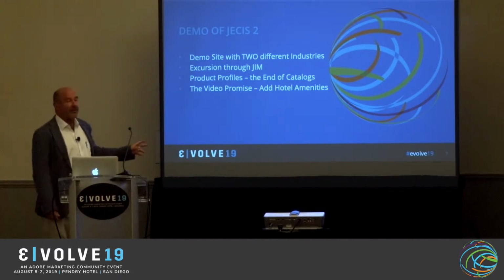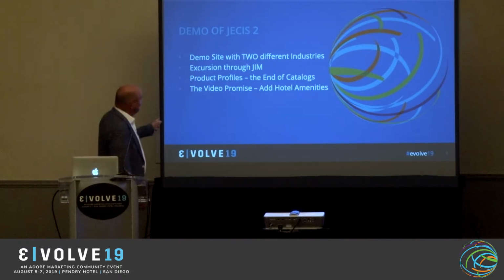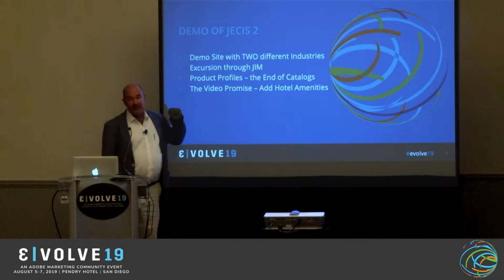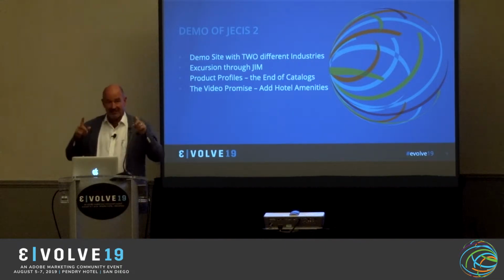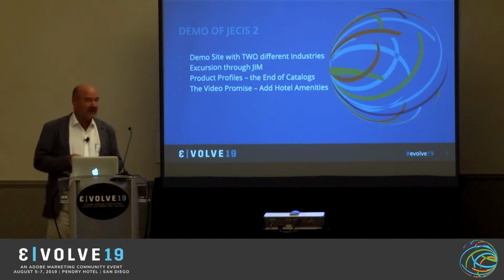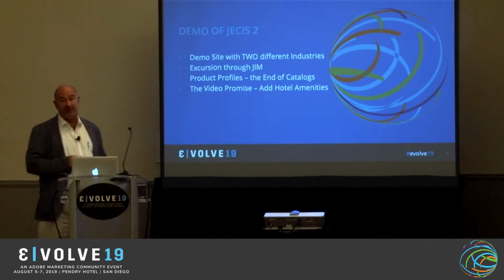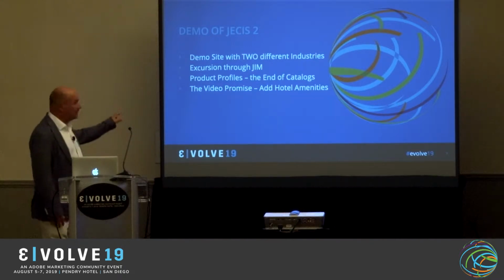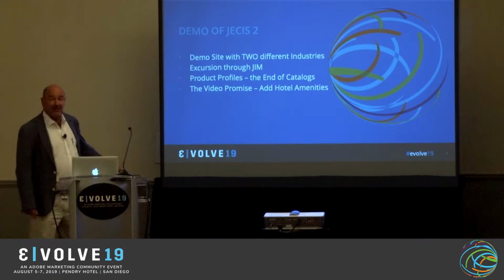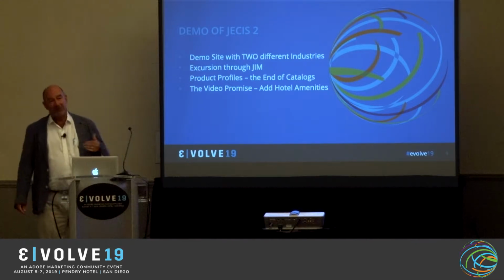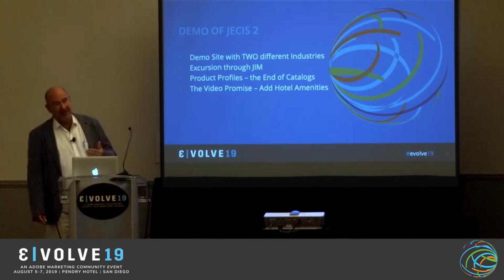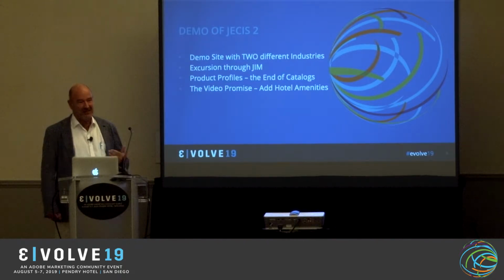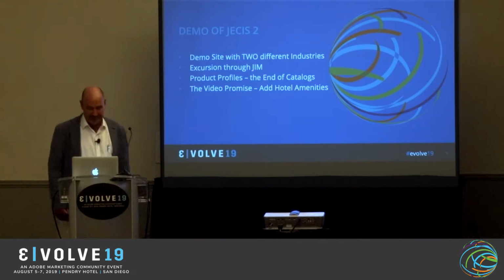Then one important thing to understand, if we already claim that we look at products as content or as an experience, we also of course use product profiles. So I'm going to talk a bit about the scalability and the beauty of it. And then I'm going to resolve my promise that we're going to show you how an author adds the amenities to a hotel commerce site.